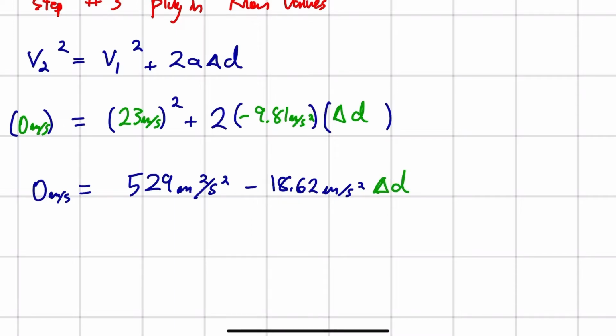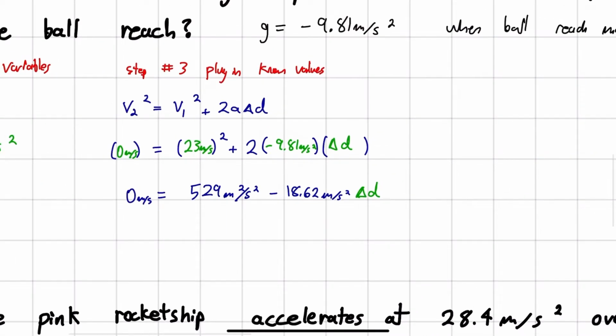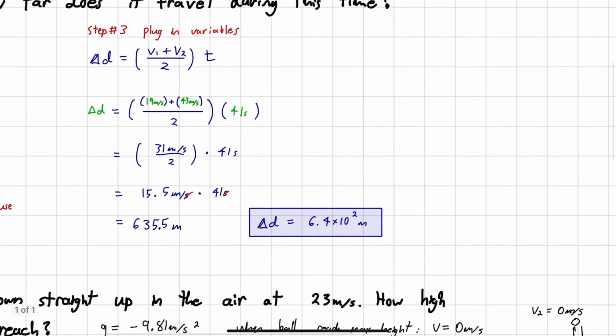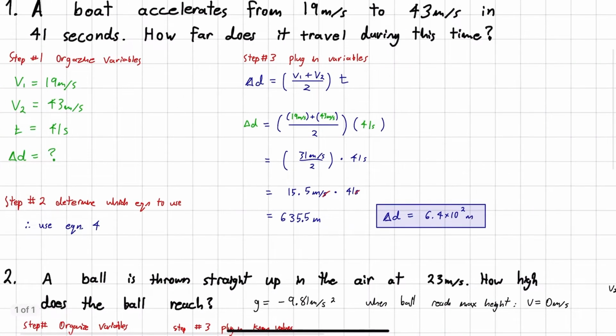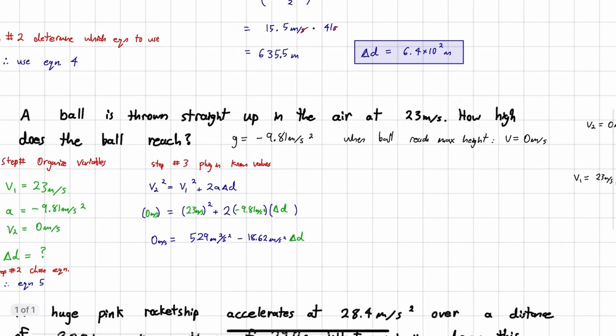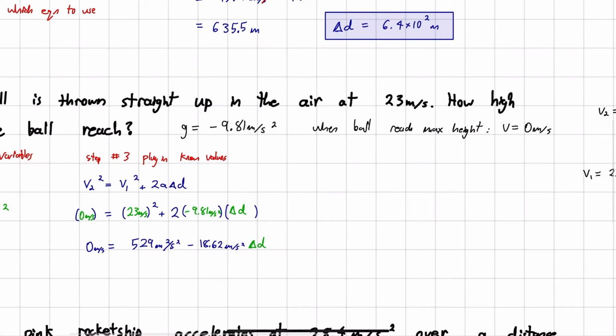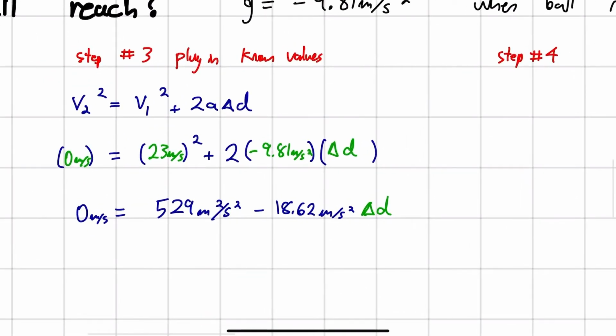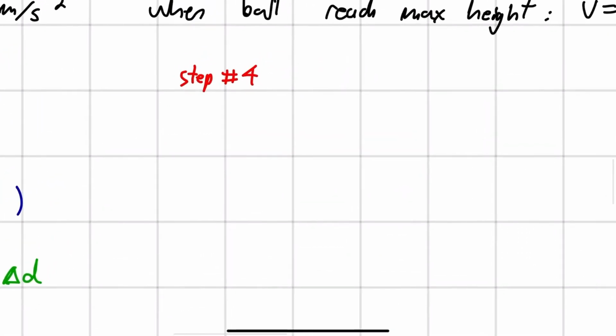And still we have one unknown, and that is delta D. So far we've followed our steps for question 1, but in this question we're going to have one extra step because we have to rearrange. We need to solve for delta D. So we need to rearrange and isolate delta D on one side of the equation.